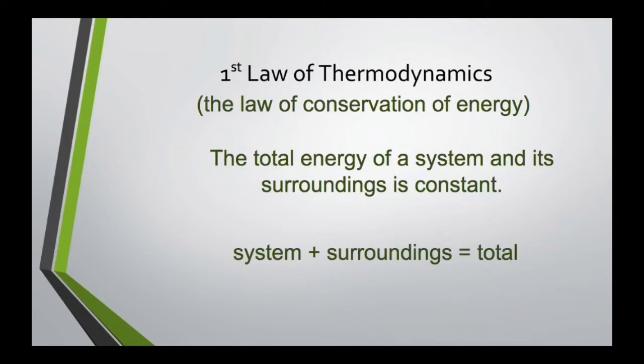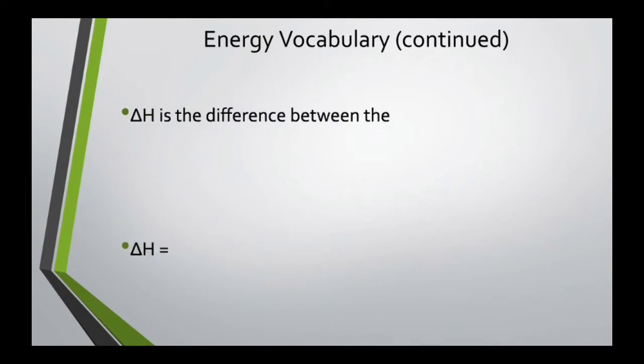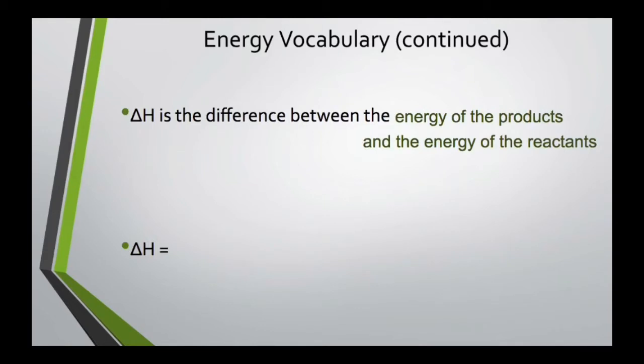And I have a little example that I want to show you to help you understand this idea, but we're actually going to skip over these two words, endothermic and exothermic, so that we can get an understanding of what this delta H thing is and better understand some of these energy flows with systems and surroundings before we talk about those words. So delta H is the difference between the energy of the products and the energy of the reactants.